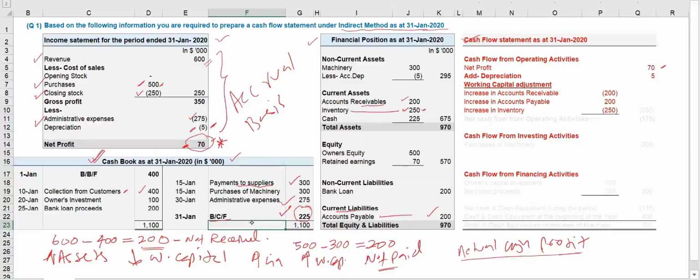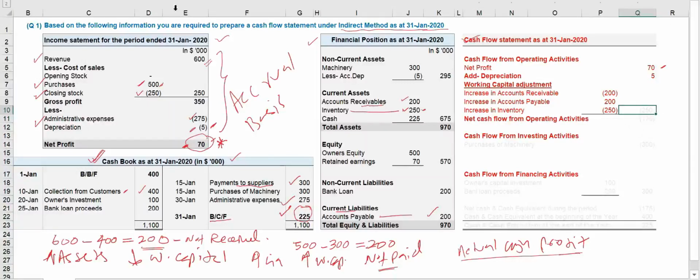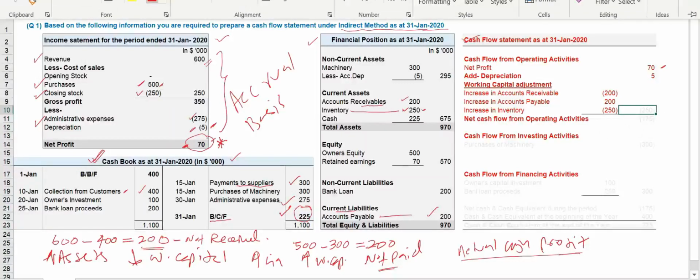You can't see any payable amount. So therefore there is no adjustment required, because this 70,000 is arrived at after deducting this 275,000, which is the actual cash payment. Now based on this, we can calculate the net cash flow from operating activities. So actually it's a net cash outflow of 175,000 US dollars.